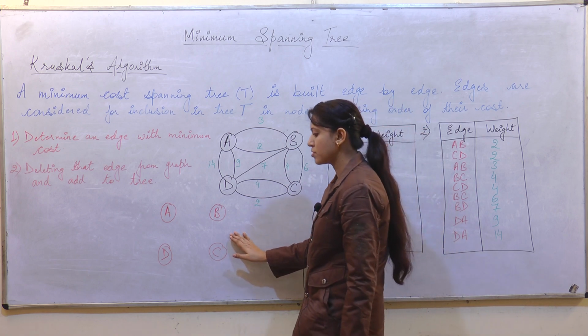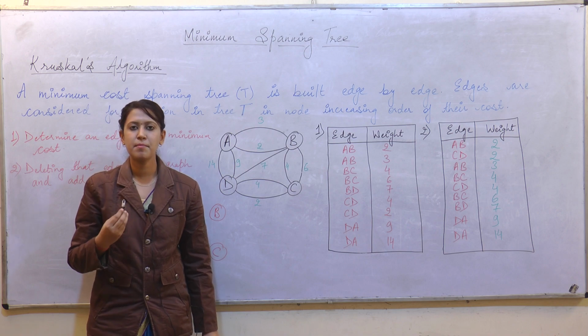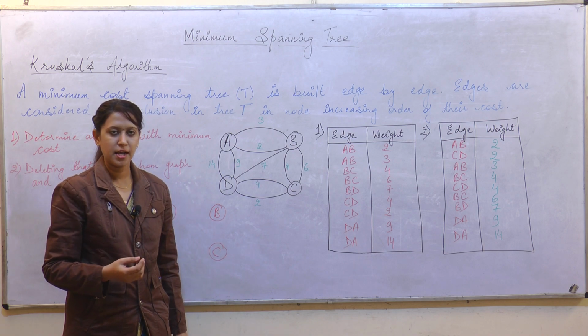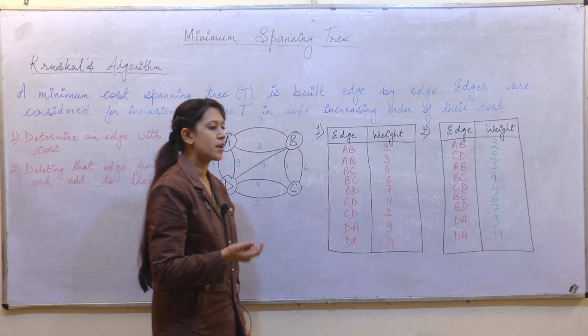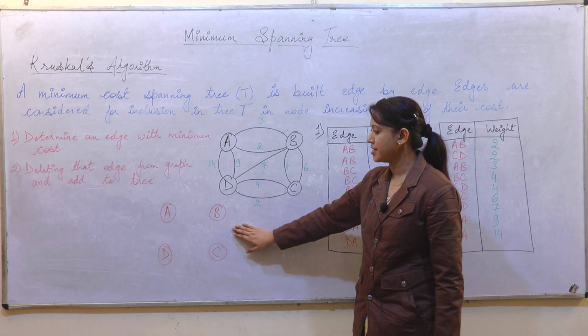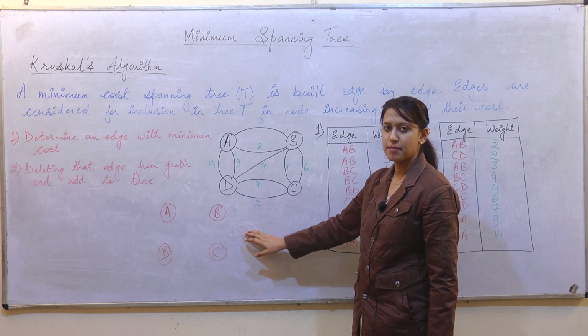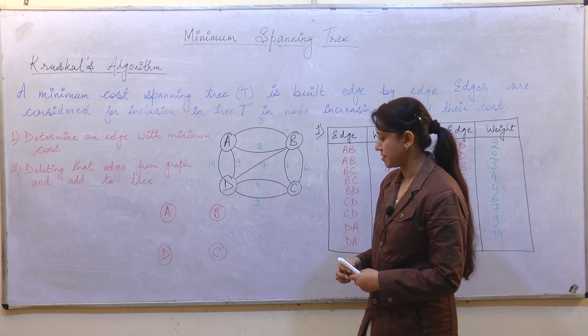These 4 nodes should be connected with as few edges as possible and with minimum weight also. That means these 4 nodes should be connected at minimum cost as possible.